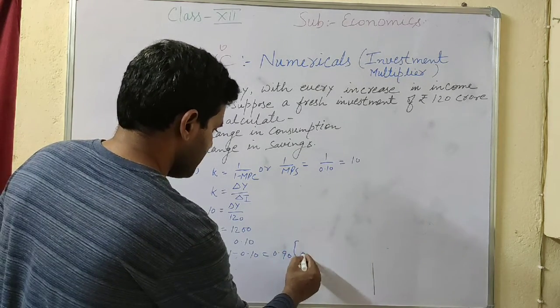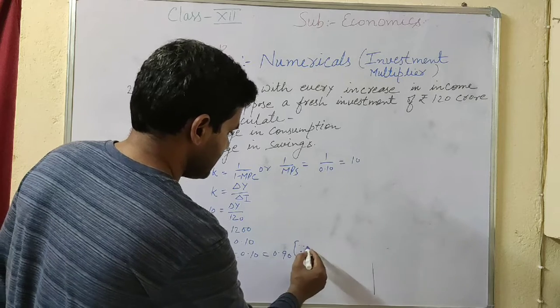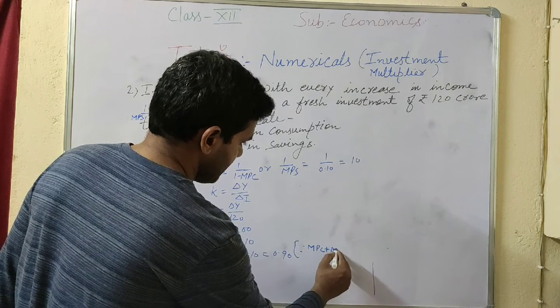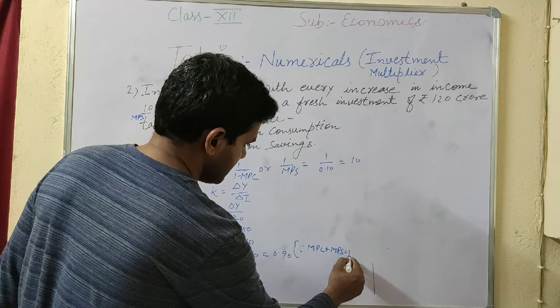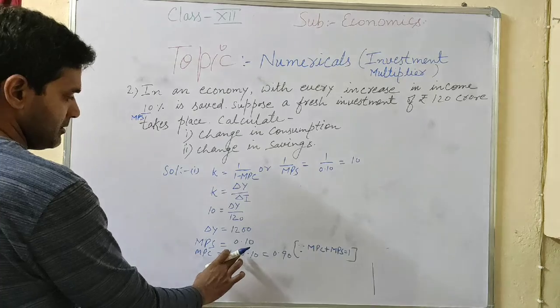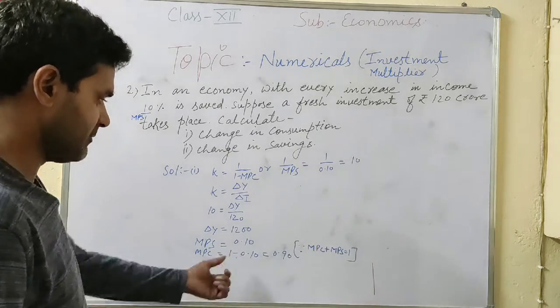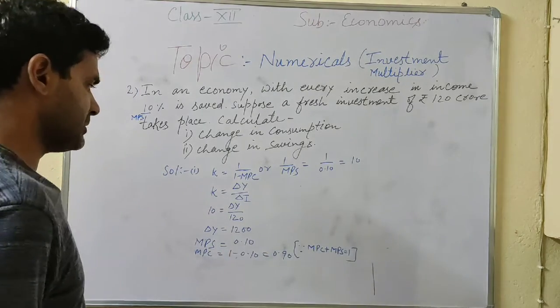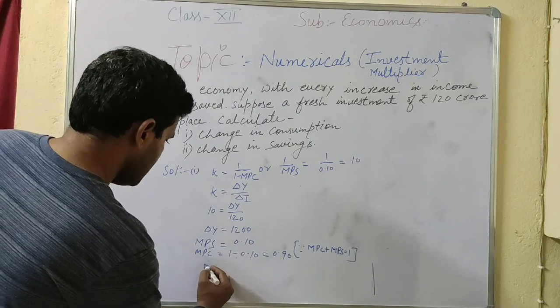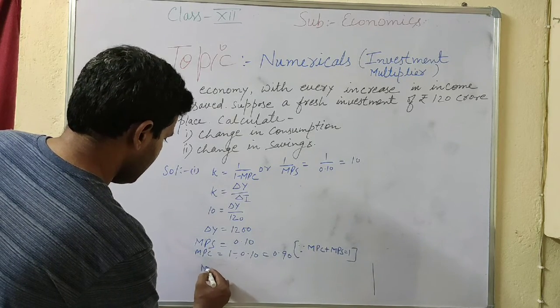Because we know that MPC plus MPS is equal to 1. So that is why we deduct this value of MPS from 1, and we get 0.90, which is the value of MPC.